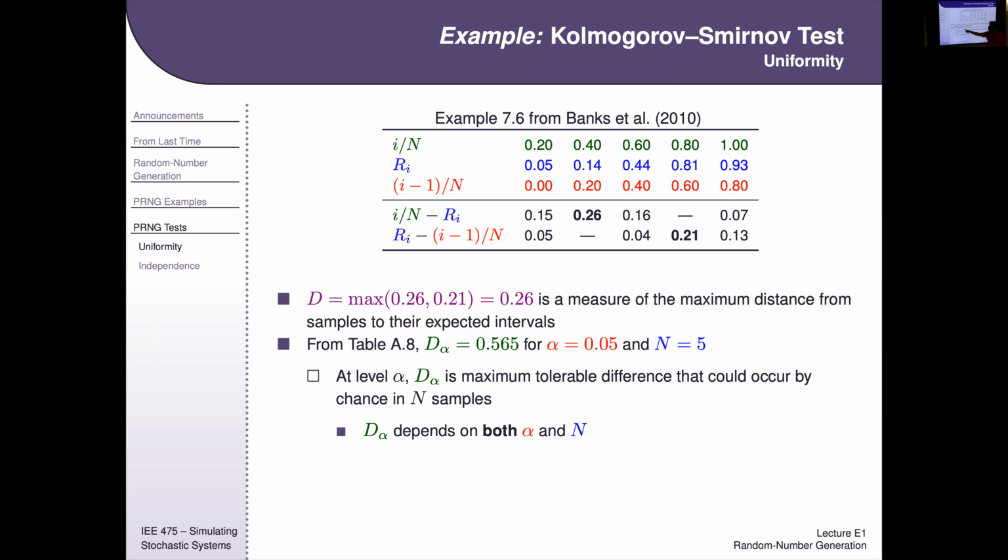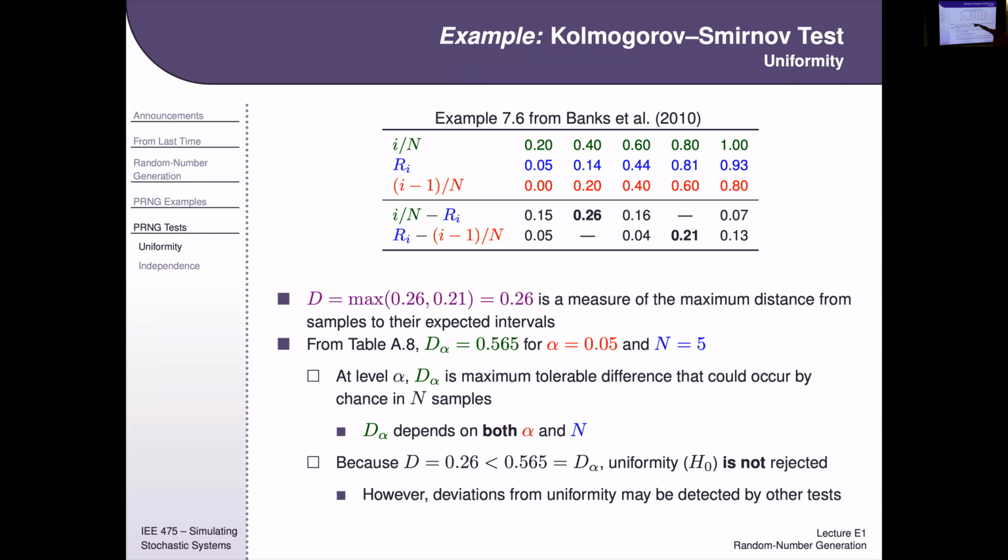And so I look in my table, and I'll say for 5 degrees of freedom, for an alpha of 0.05, the critical value is 0.565. So how does 0.565 compare to 0.26? 0.26 is less than 0.565. So I cannot conclude that these numbers are different than uniform.